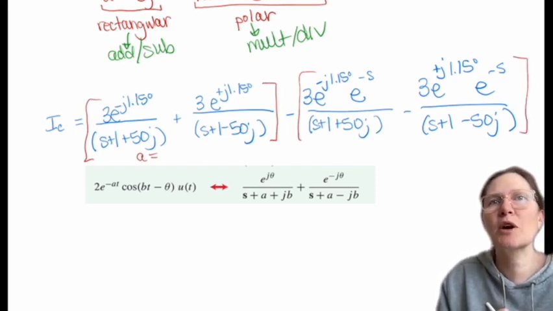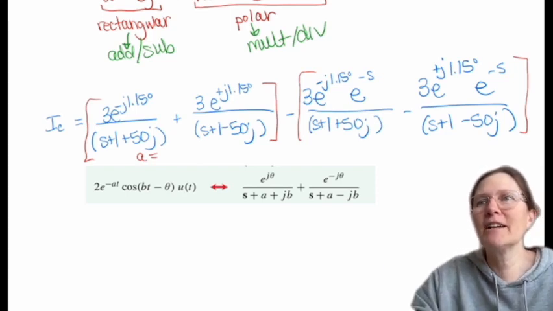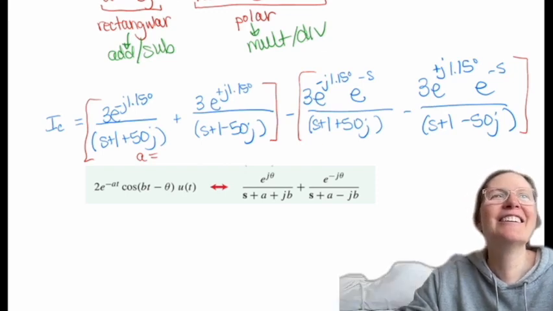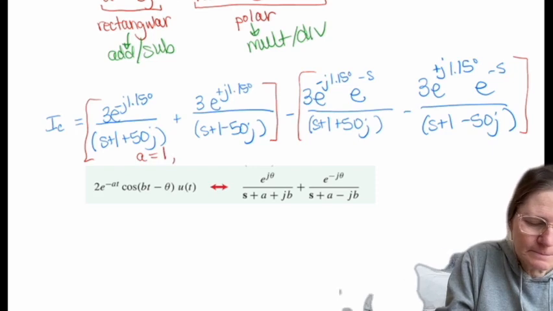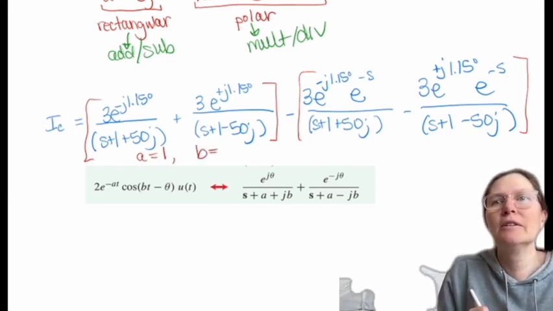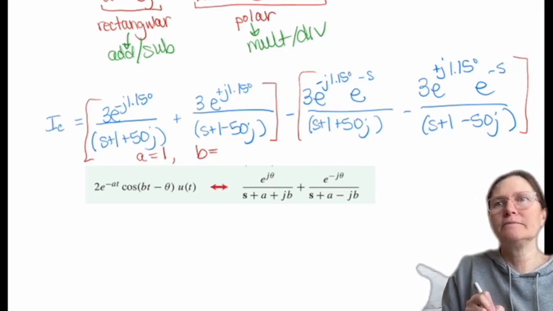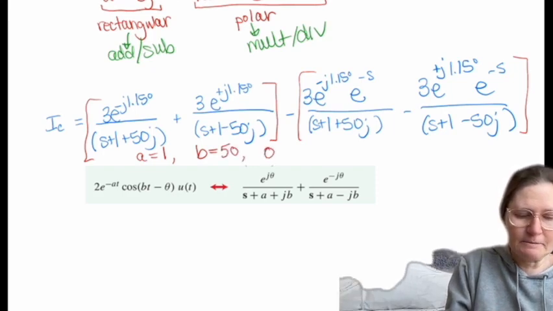So A here is what? Anyone? Thank you, Quinn. Yes, it's 1. B is going to be what? Correct, 50, and theta.